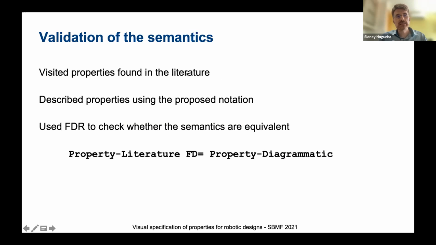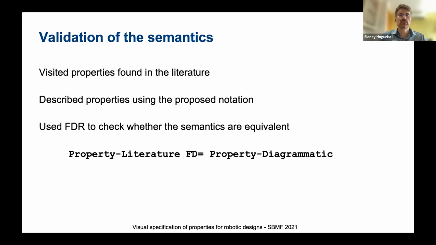To validate this semantics, we visited properties in the literature. These properties were described directly in CSP, and what we did was to describe the properties using the proposed notation, to see if our notation was expressive enough to capture the same behavior as the CSP processes created to describe properties.